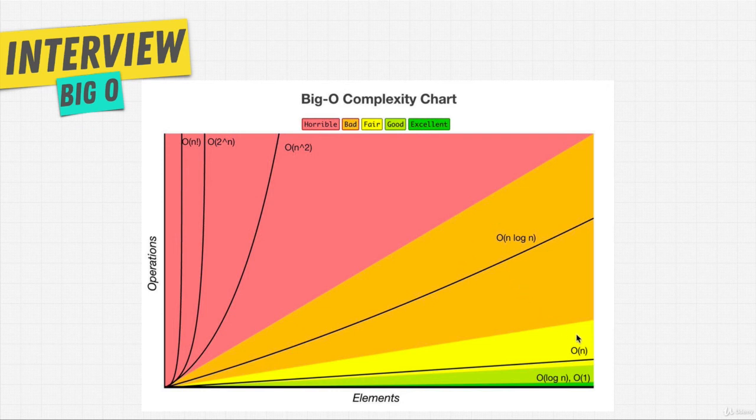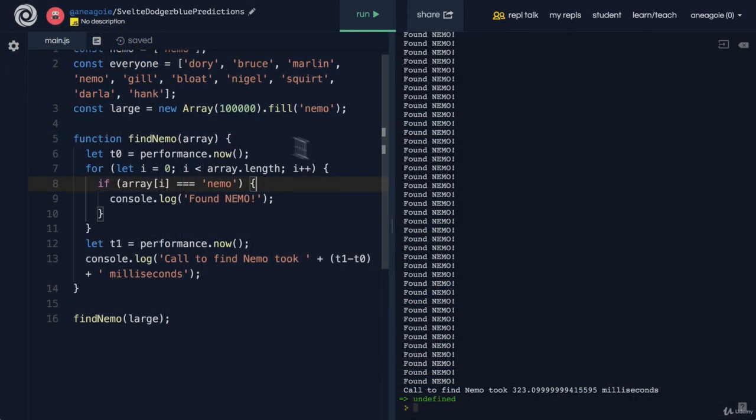The less it slows down, or the slower it slows down, the better it is. So instead of using performance.now and using time to measure the efficiency of our function, we can just calculate how many operations a computer has to perform, because each operation takes time on a computer. So Big O concerns us with how many steps it takes in a function.